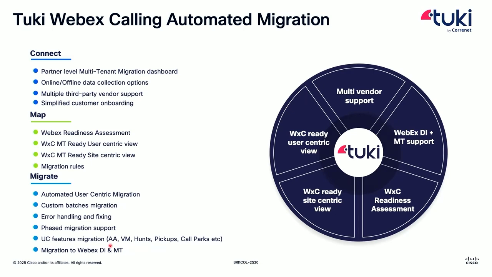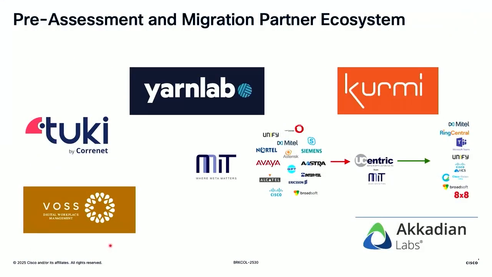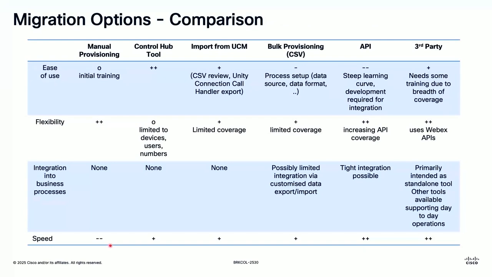There are other companies that are heavily invested in that area as well. Kermi, by the way, these are the ones that acquired YarnLab recently. We have VOS, we have MIT, Acadian. All these names are worth looking into, but I highly recommend these other two companies.